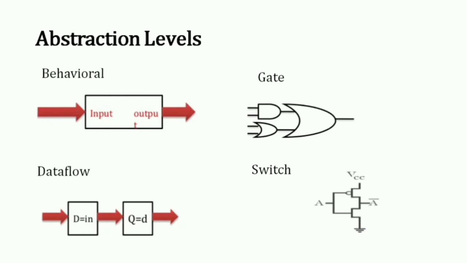Like this, we design the circuit in terms of switches. Verilog allows us to write the program at any of the abstraction levels. Also, we can combine these abstraction levels and write a single design module.